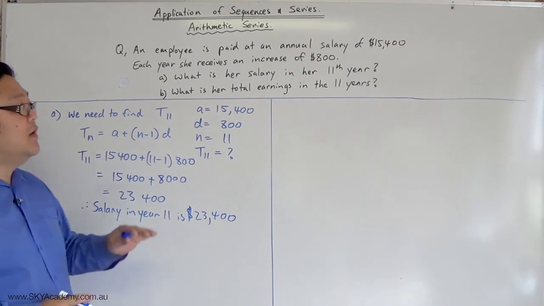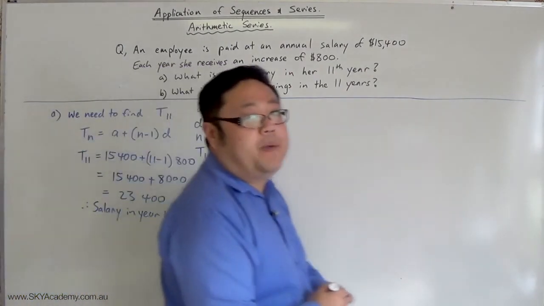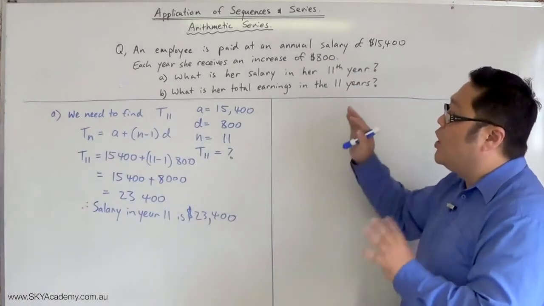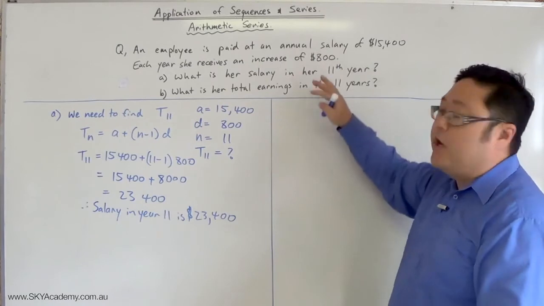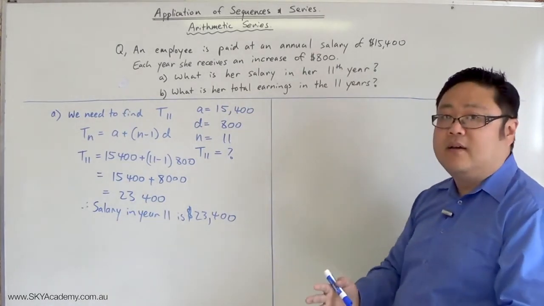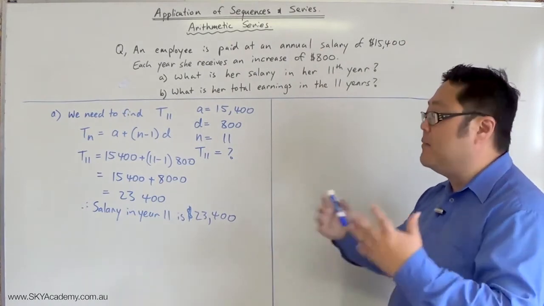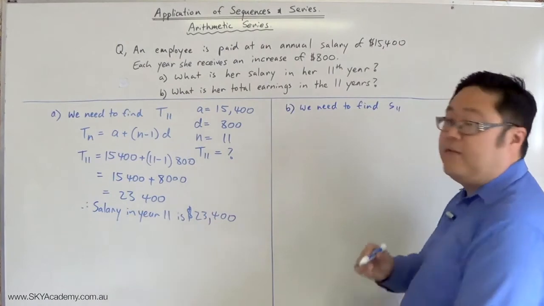Got it? Let's have a look at part B, because what part B is looking for is your total earnings in the 11 years. Your total earnings will be the sum of all your salaries. There'll be 11 salaries altogether, so it will be the sum to 11. We're looking for S11.